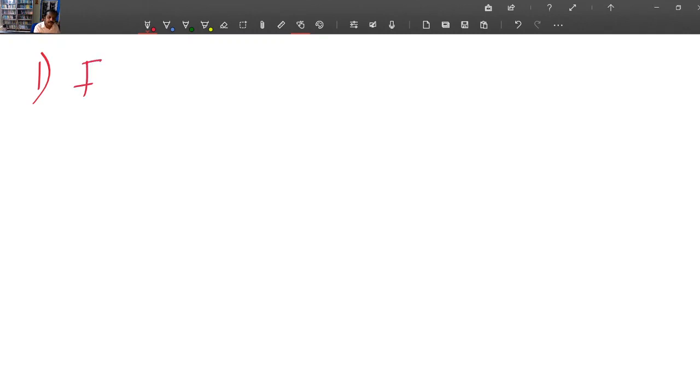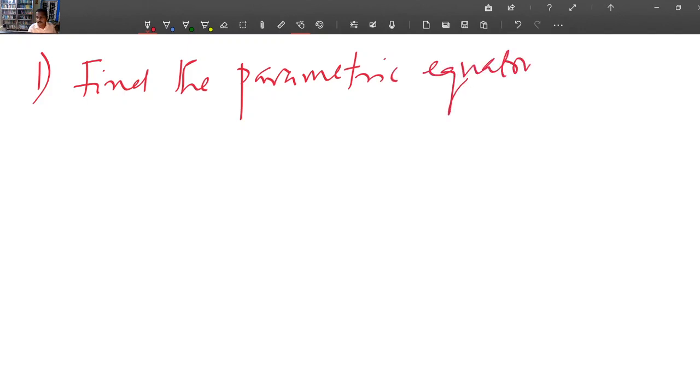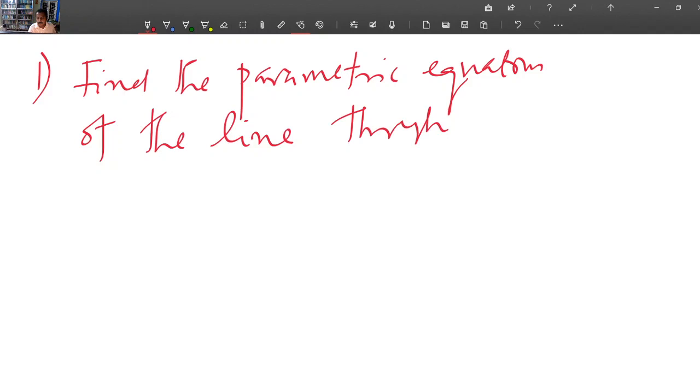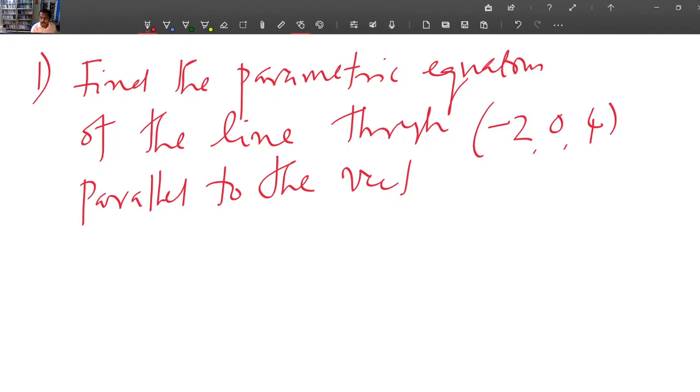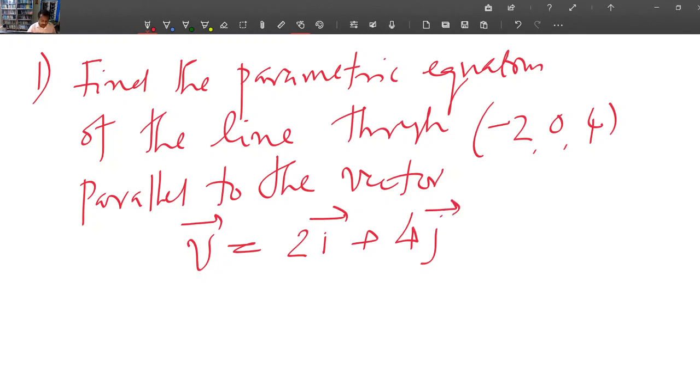Find the parametric equation of the line through minus 2, 0, 4 parallel to vector b equal to 2i plus 4j minus 2k. So this is the first question.